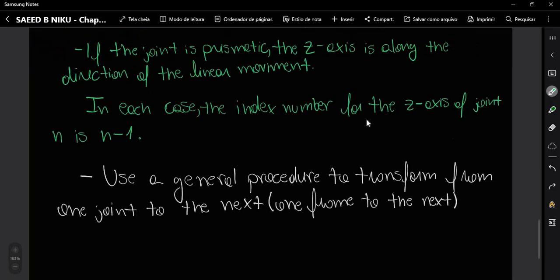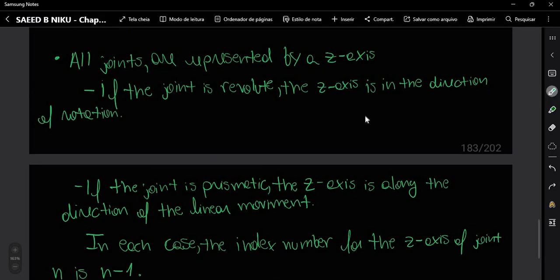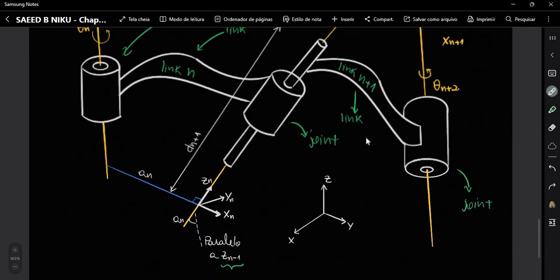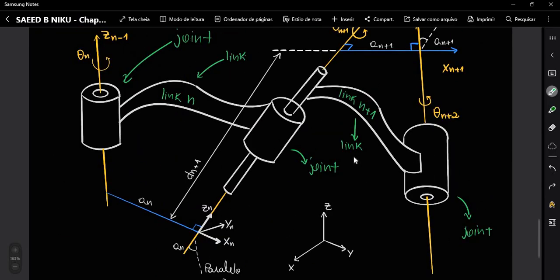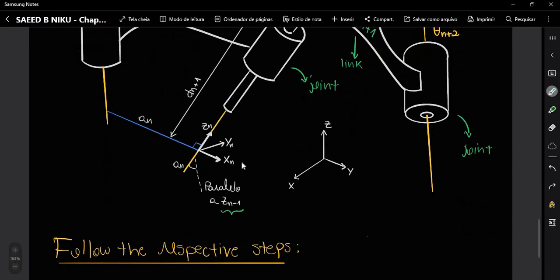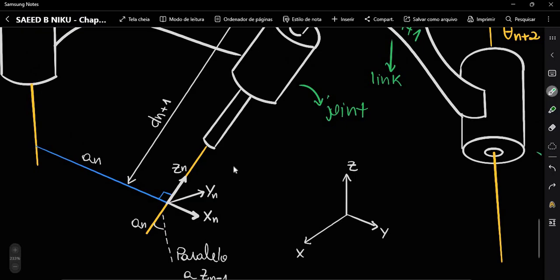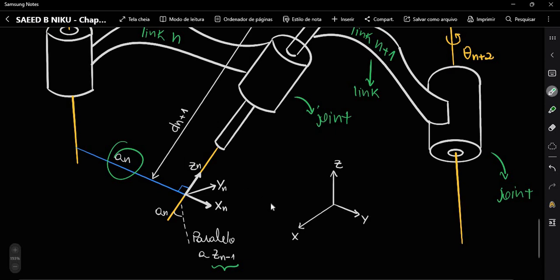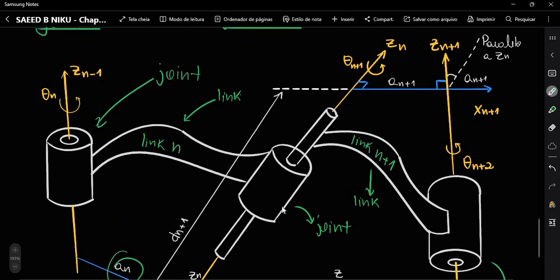Before we write the important aspects of this illustration, let's first look at what is left. As I already said, right here we have the common normal. What else? We have theta, the angle of rotation of this first link.